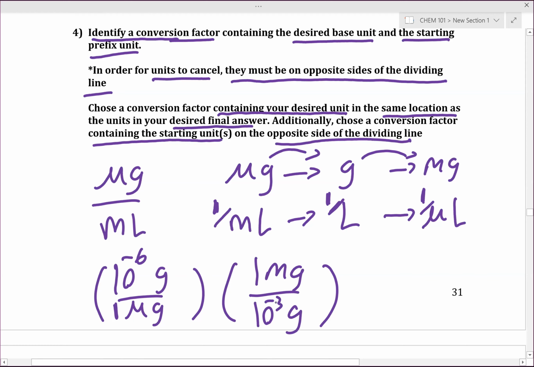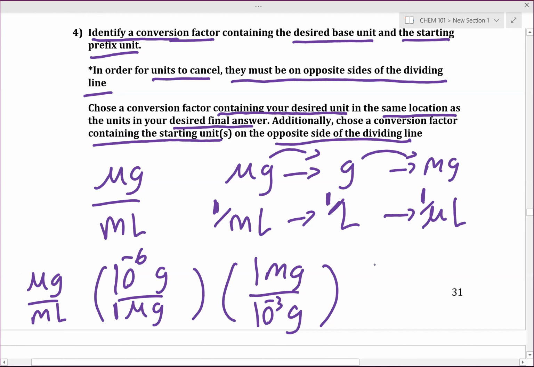Okay. Now for a bit of an interesting situation. What units are we starting off with on the bottom? Is it milliliters, or do we have 1 over milliliters? 1 over milliliters. So then, keeping in mind we're starting with microgram over milliliters, in order for milliliters to cancel, where do we need to put milliliters in our conversion factor?